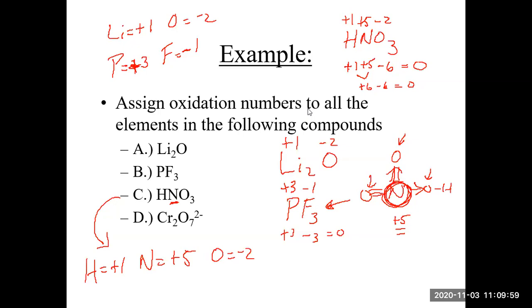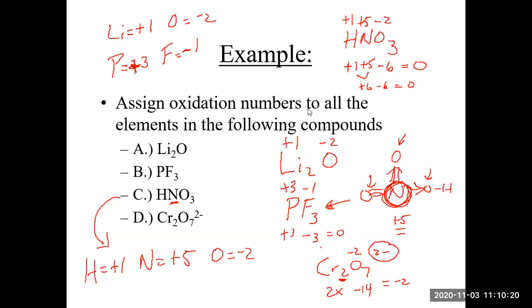And lastly, here we have dichromate. Again, starting with our oxygen, which is -2, there are 7 of them, gives us a -14. Dichromate has an overall charge of -2. In this case, though, we don't have just one chromium, but we have 2.